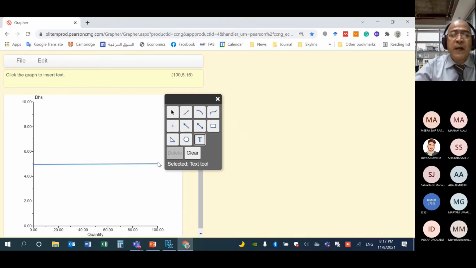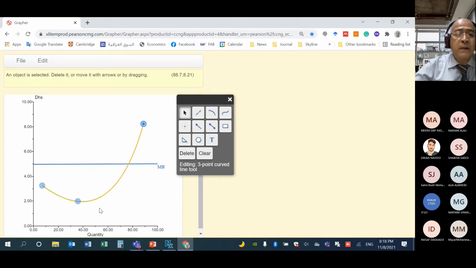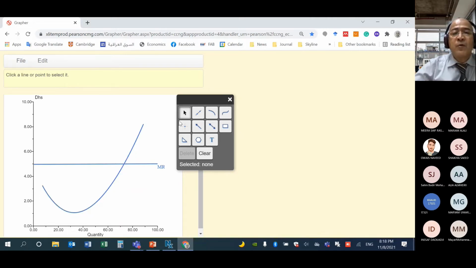Let me see whether I can add marginal revenue. So this is marginal revenue. And now I need to add marginal cost. Let's see whether I can add it. It's difficult to catch it.